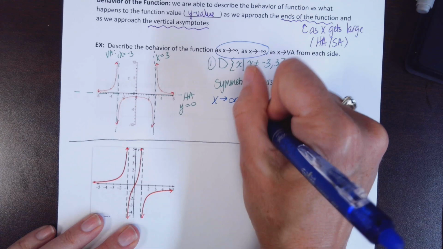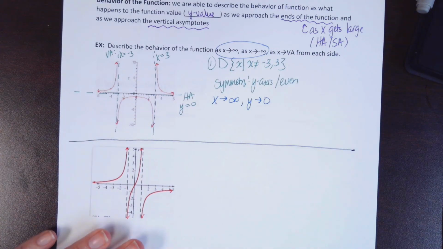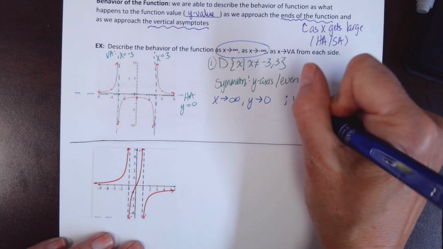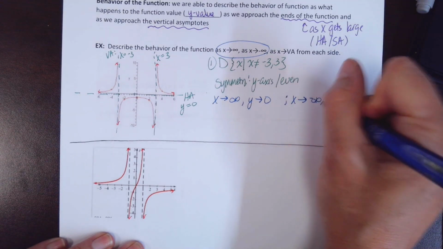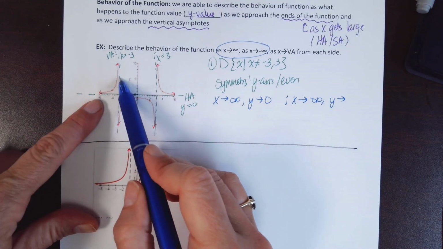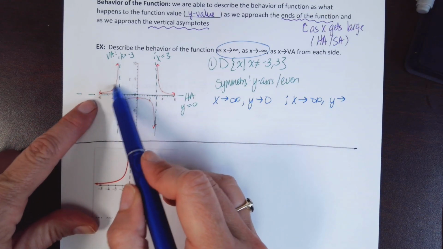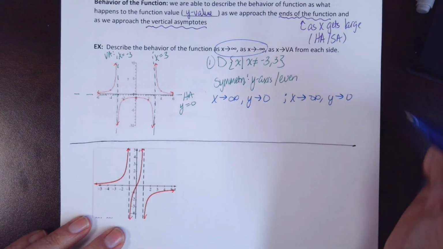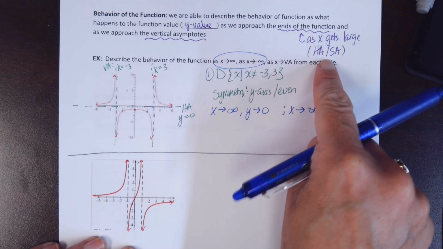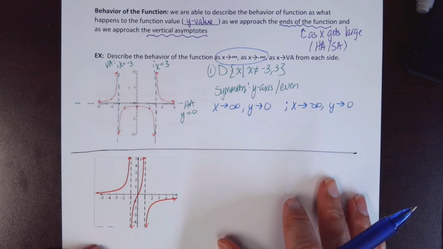So y is approaching 0. As x approaches negative infinity, what is y doing? Well, as x gets large in a negative direction, y is also approaching my horizontal asymptote. It's approaching 0. Remember, we said the ends of the function are controlled by those horizontal or slant asymptotes.